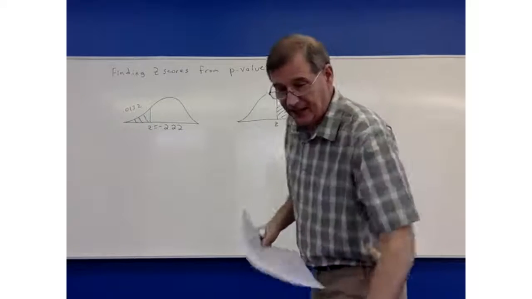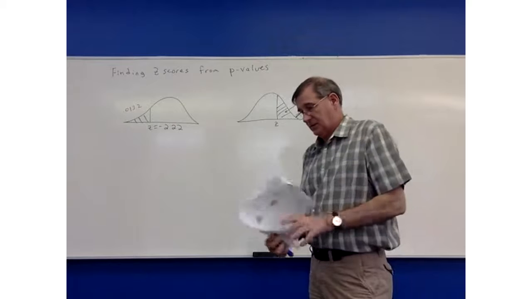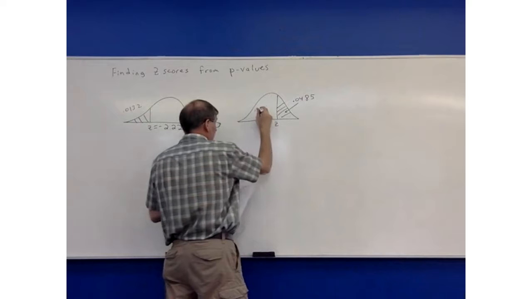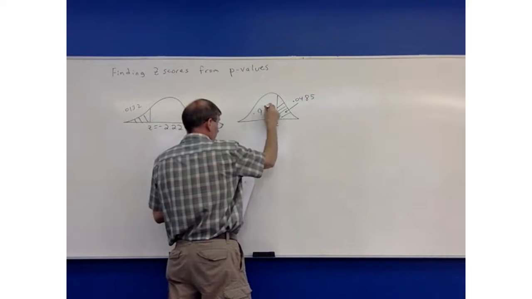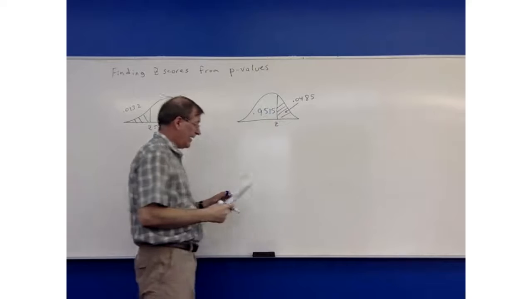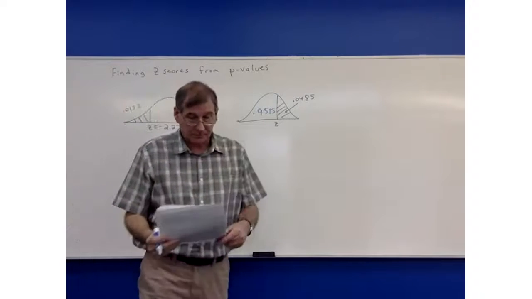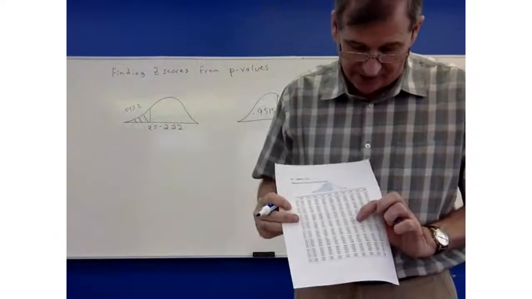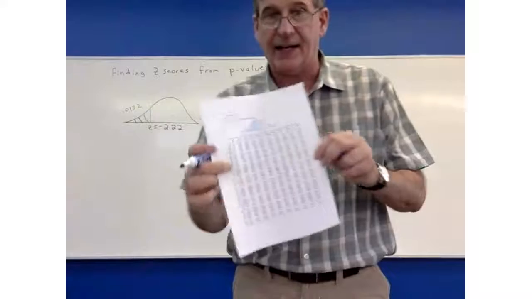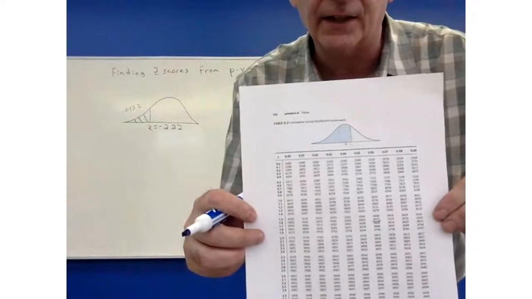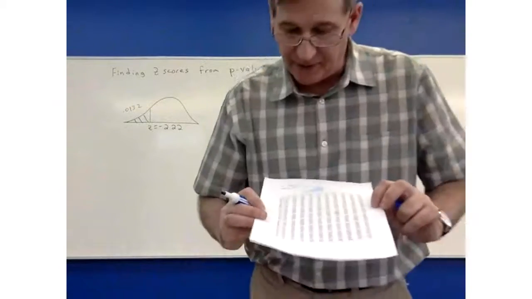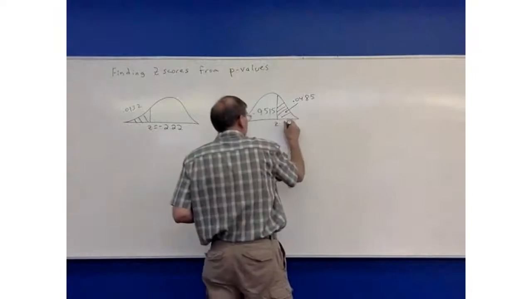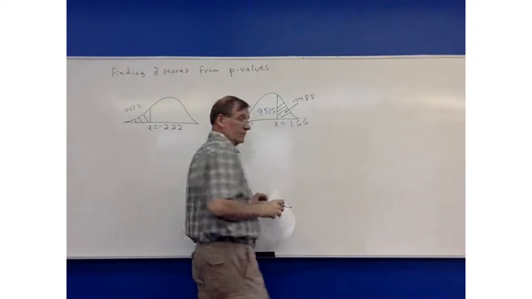That gives us the value 0.9515. Now we go into this table and look up 0.9515, and I have already done that. You see it underlined there, and that is row 1.6, column 6. So this is 1.66.